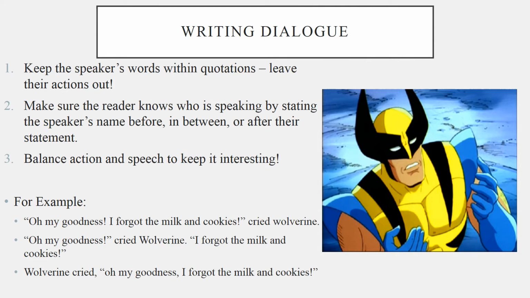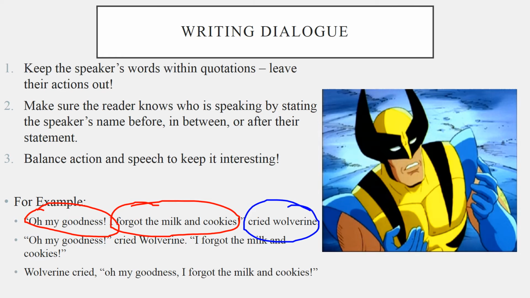When we write dialogue, we need to remember to keep the speaker's words within quotations, while we leave their actions out. Remember, within the quotations are the words that the character says. We need to make sure the reader knows who is speaking by stating the speaker's name before, in between, or after their statement. We want to balance action and speech to keep it interesting. So for example, "Oh my goodness, I forgot the milk and cookies," cried Wolverine.